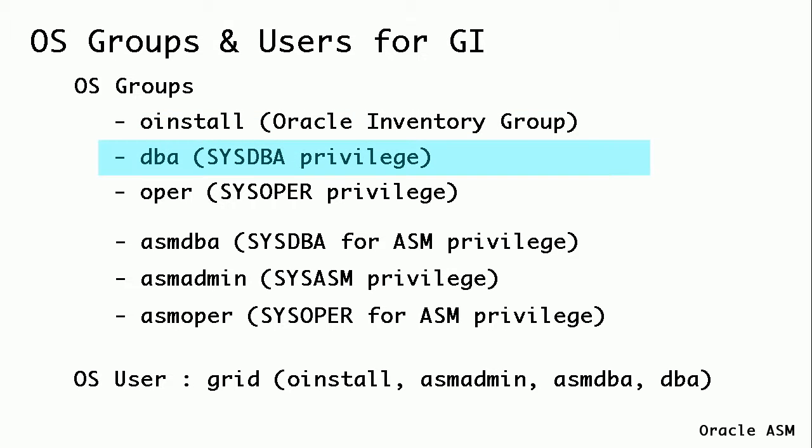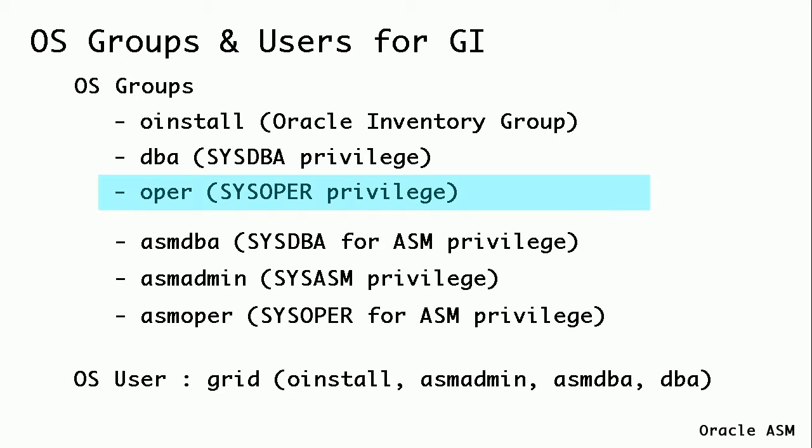DBA group will get sysdba privilege. Users in this group will get full administration privileges to manage databases. OPER group will get sysoper privilege. Users in this group can start up and shut down database instances.